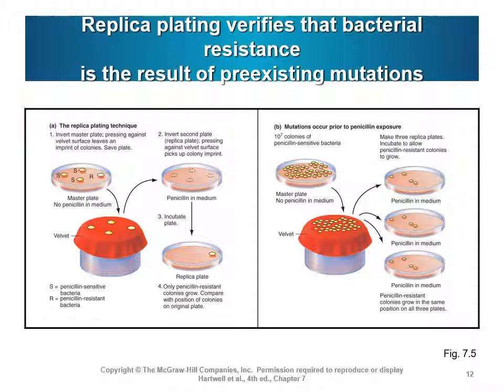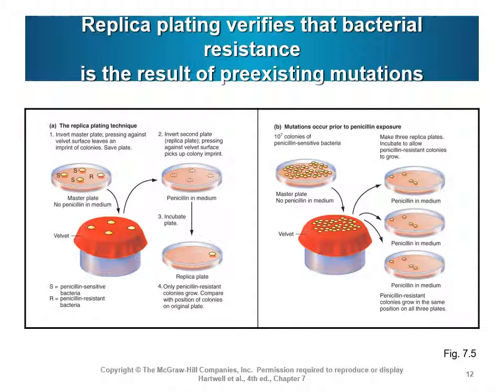Then they do a transfer using a velvet technique, exposing this tissue to all of these clones, and transferring them onto a new plate that already has penicillin medium in it.